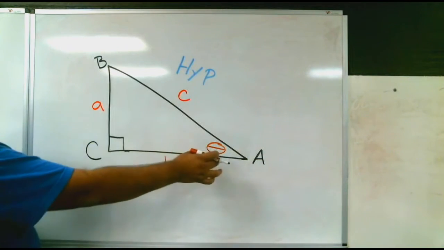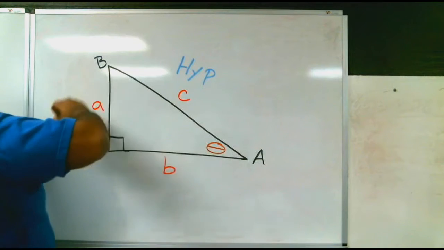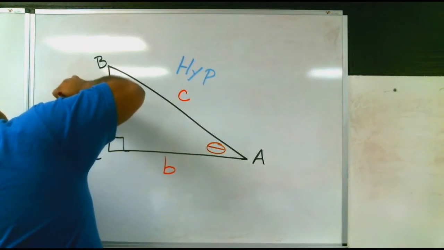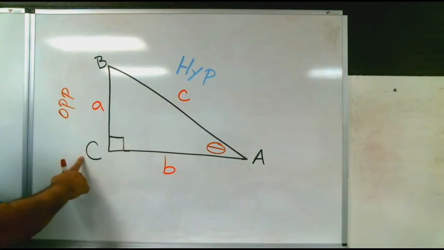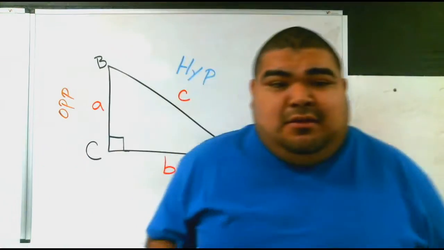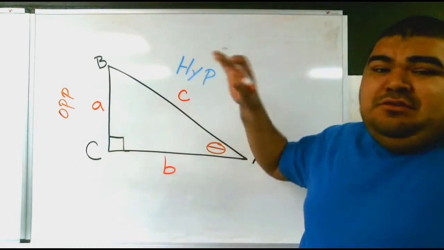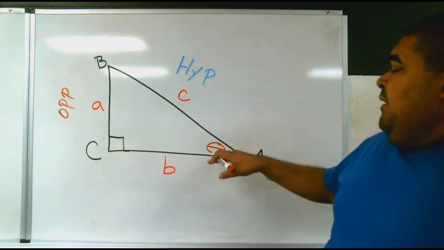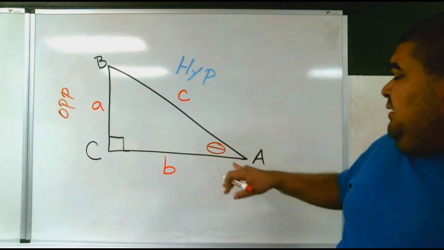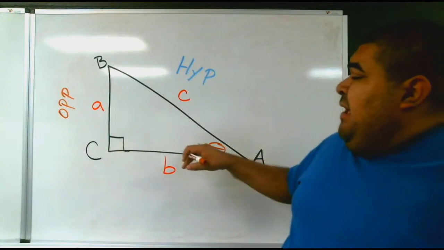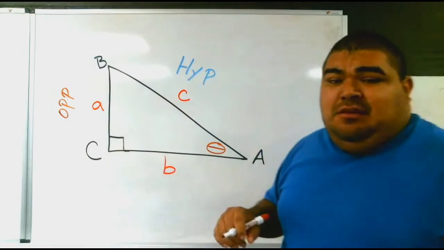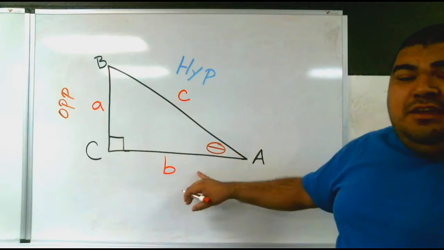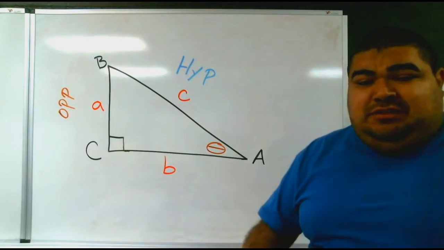So in this case, if theta is on A, then your opposite side would be between B and C. Hypotenuse never changes. Always across from your 90-degree is your hypotenuse. If theta is on one of the angles, across from that angle is always your opposite. That means that next to your theta is always your adjacent.